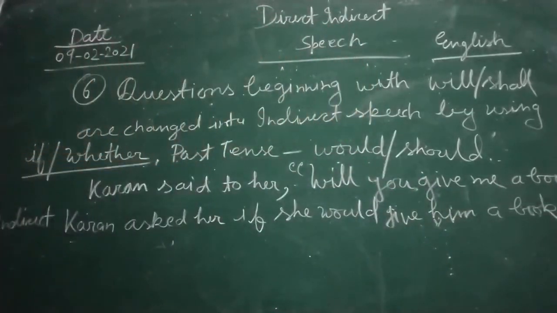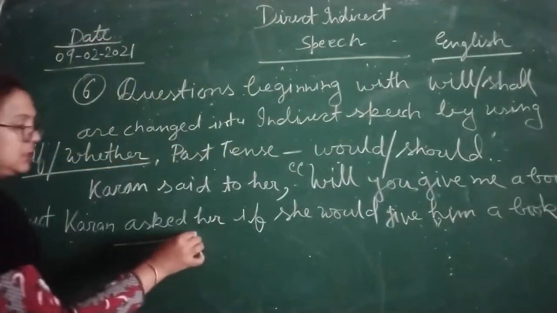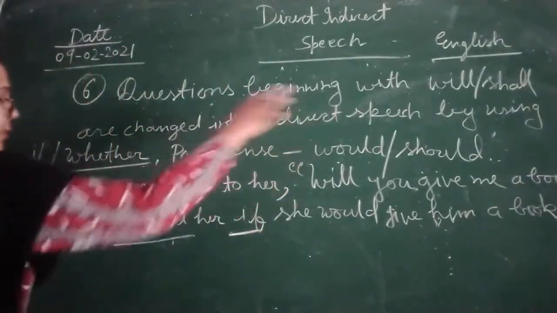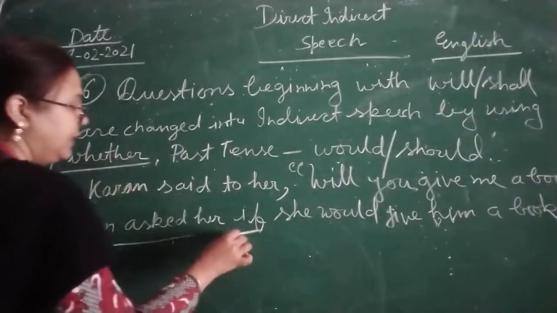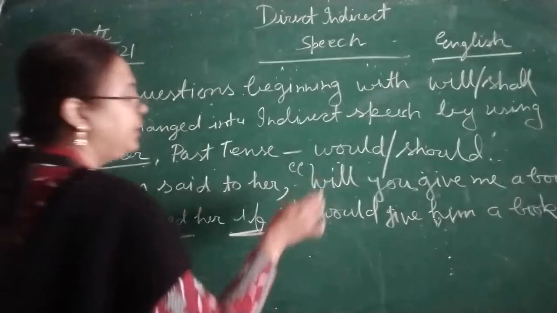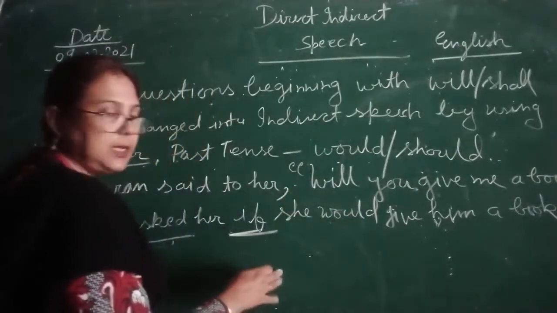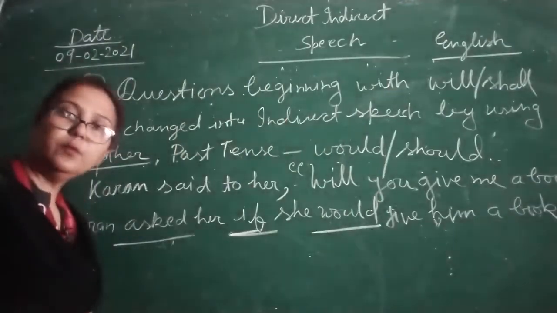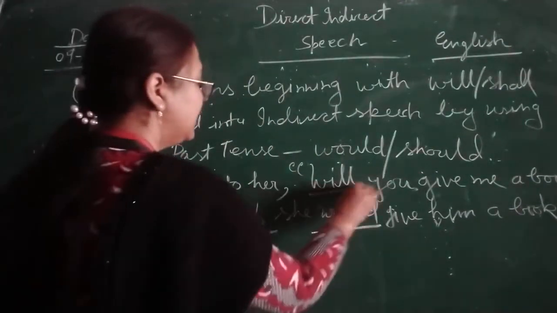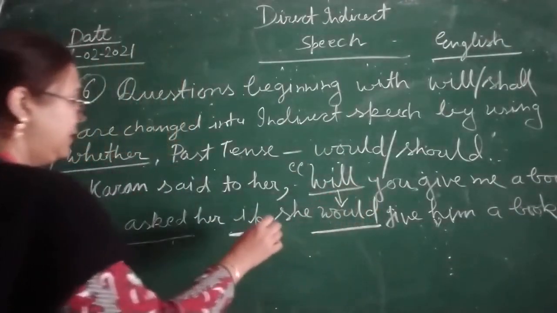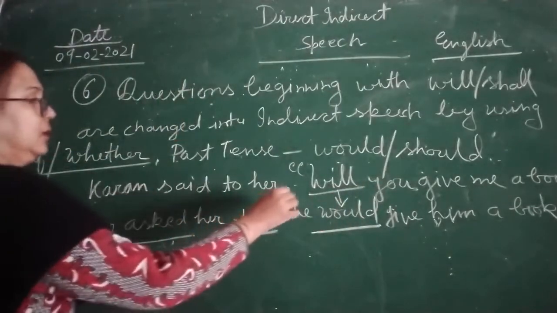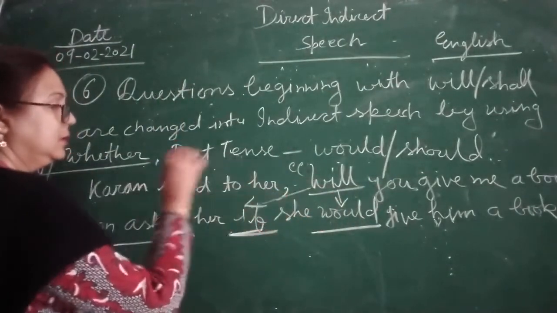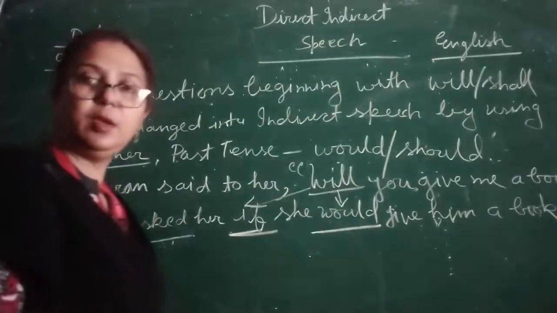Now here you can see the changes. Asked is used, and here will and shall is there, so if and whether we will use, and because we have to write in the past tense, will becomes would. So here you can say will has become would, and this if we have used.